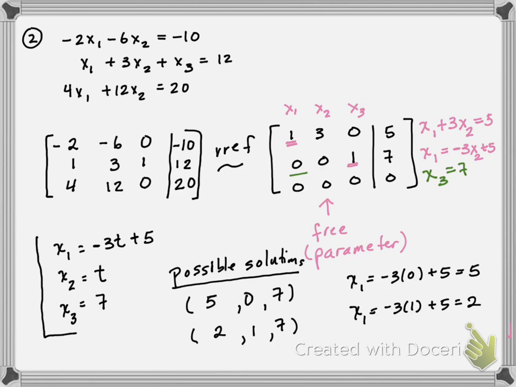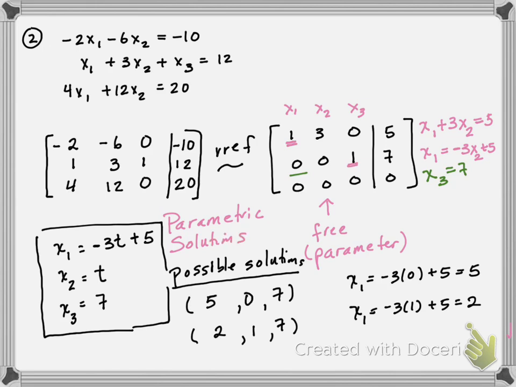If I write it all together, this is all of the solutions listed together. These are all of the infinitely many solutions, and we call this the parametric solution because the solution depends on the choice of the parameter t that we choose.